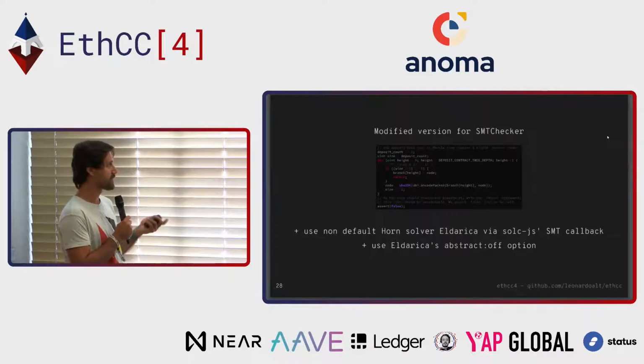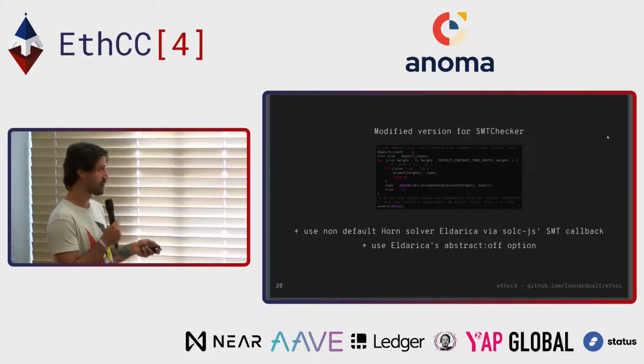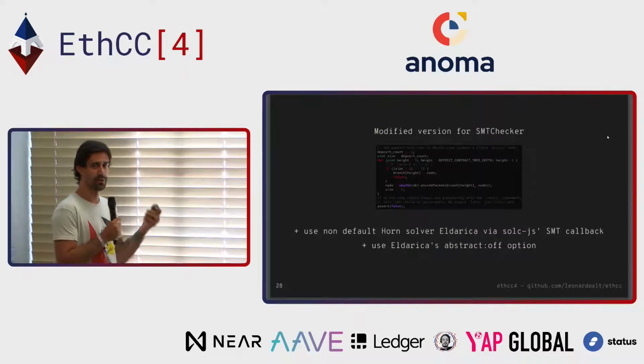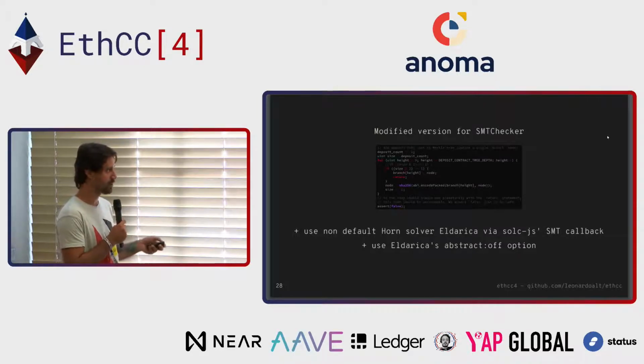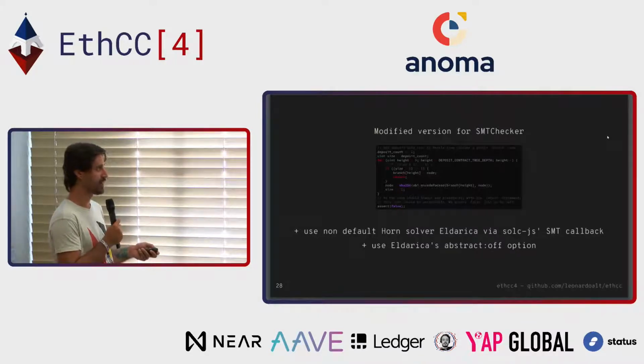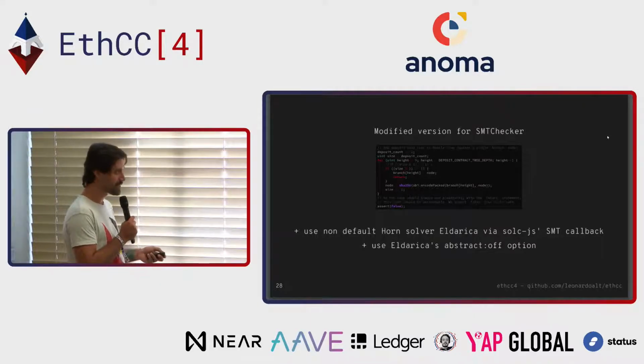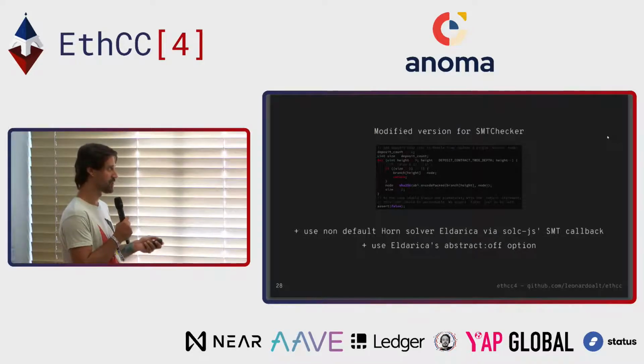Recently, this other solver, which uses horn-based solving, called Eldarica, added some support we needed for running the theorems that the tool generates. Using this solver via the Solidity.js SMT callback, which actually exists, plus setting a different abstraction option in the tool, allowed us to prove it quite quickly, in less than 2 seconds.